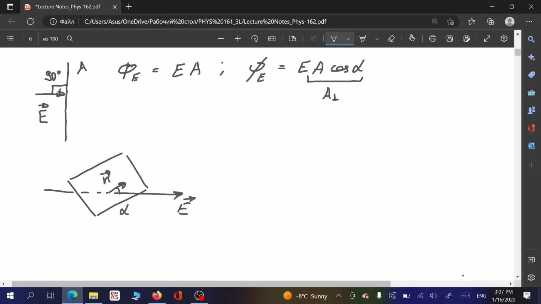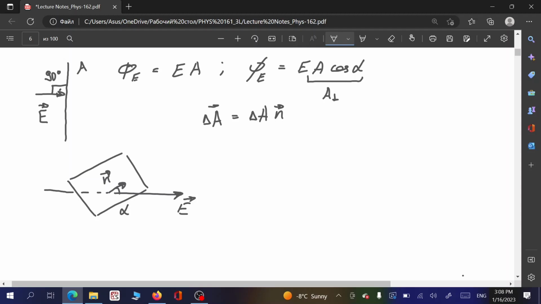They should be small enough to allow us to consider the electric field vector uniform within this small area. So we need to introduce some vector, delta A vector, which is the area of this small element times the unit vector of its normal, normal to this small surface element.